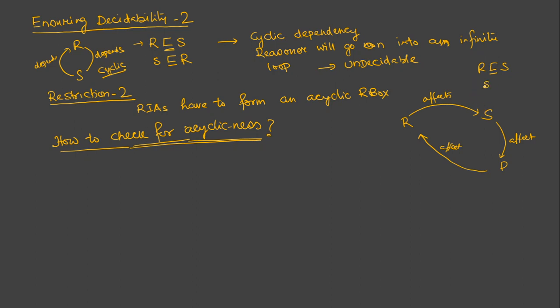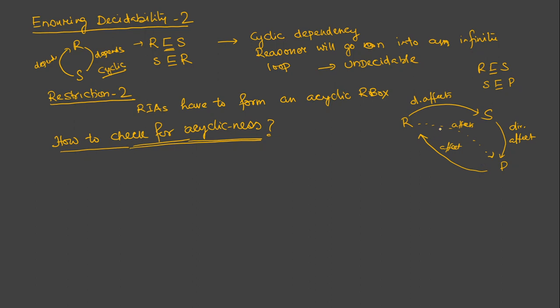Now, if you have something like S is a sub-property of P, then you can say that R directly affects S, and S directly affects P, and we can infer that R affects P, right?